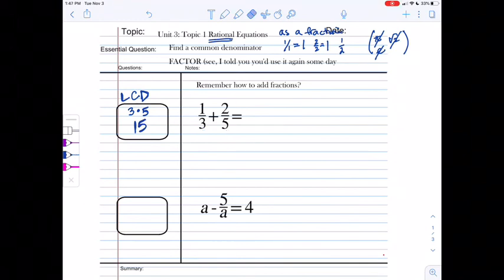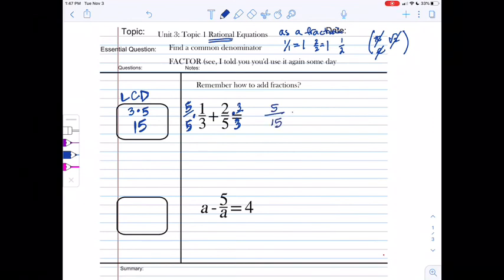So then in that process, I would multiply. This one is 3 and I need times 5. But I multiply by 1, really. So 5 over 5 is 1, so I'm not changing anything. And over here, my 5 needs a 3, so I'm going to multiply by 3 over 3, another way to say 1. So what happens is I get 5 over 15 plus 6 over 15.